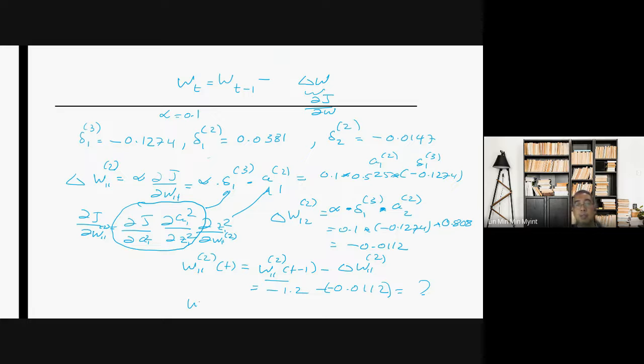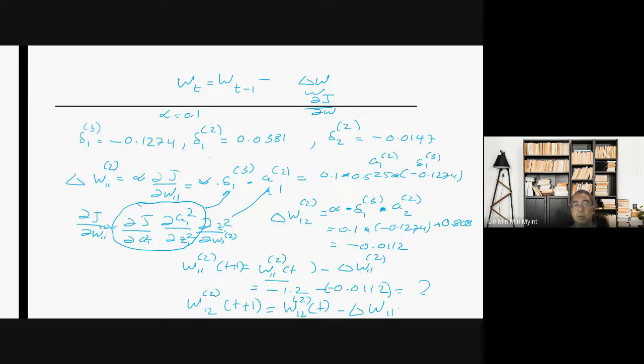And similarly W112, sorry, from the current time t. Actually, this is for the next one, just t plus 1. This is the current time. So t plus 1 can be calculated as W12 current time minus delta W11.